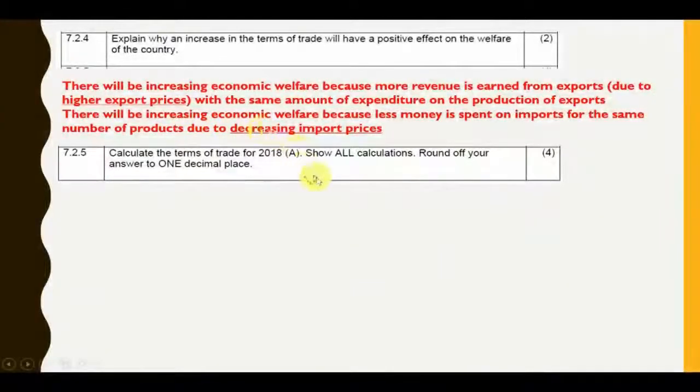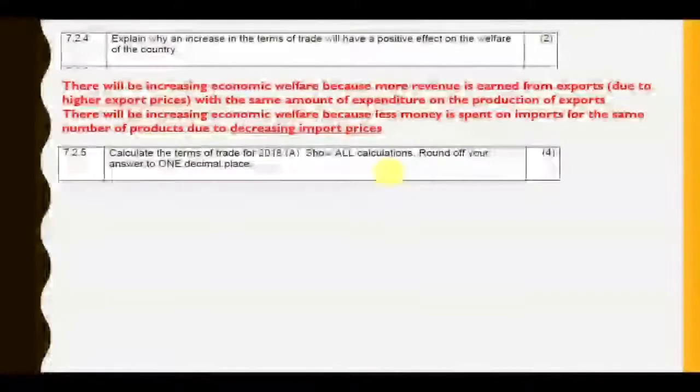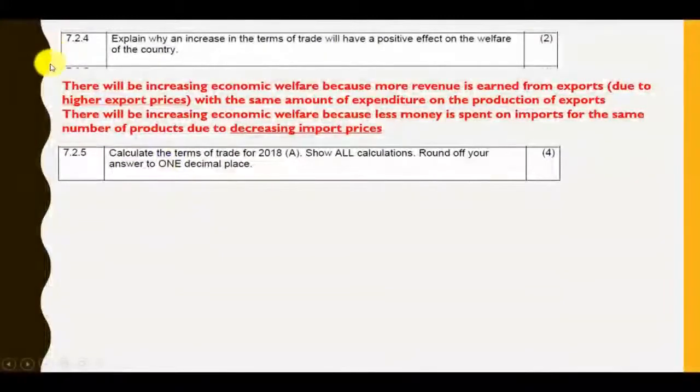It says show all calculations, because there are marks for the formula, there are marks for your working out. Do not just put the answer. And then it says round off your answer to 1 decimal place. So make sure you've got an answer for 7.2.4 and do the calculation for 7.2.5, and we'll look at it in a minute.